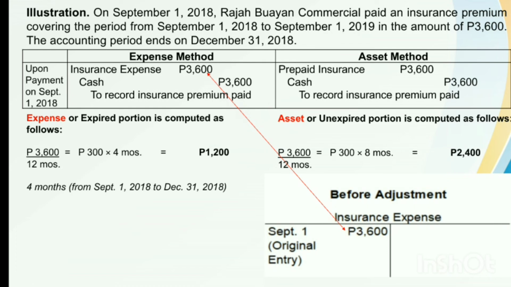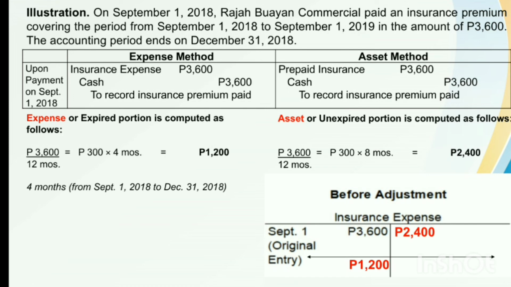And based on our computation, the correct balance of insurance expense is only 1,200 pesos. So in order to arrive at the correct balance of 1,200 pesos, we need to remove 2,400 pesos from the insurance expense. This 2,400 pesos is not yet an insurance expense. This is still an asset.